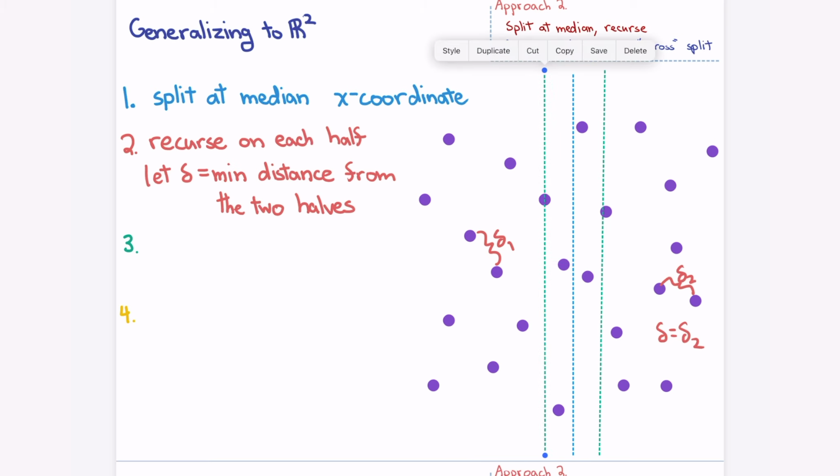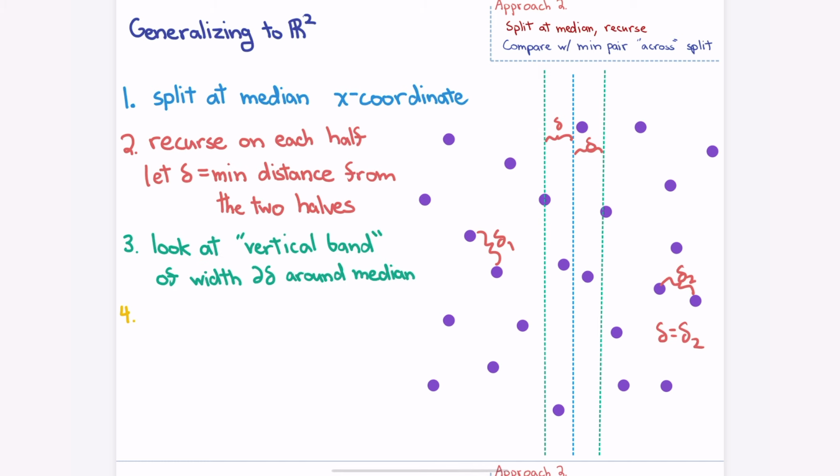Okay, it's not perfectly vertical, but these are supposed to represent width delta, right? So we can look at this vertical band of width, I guess 2 times delta is what I wrote, but delta on each side around the median. And then try to just do the comparisons in between, right?